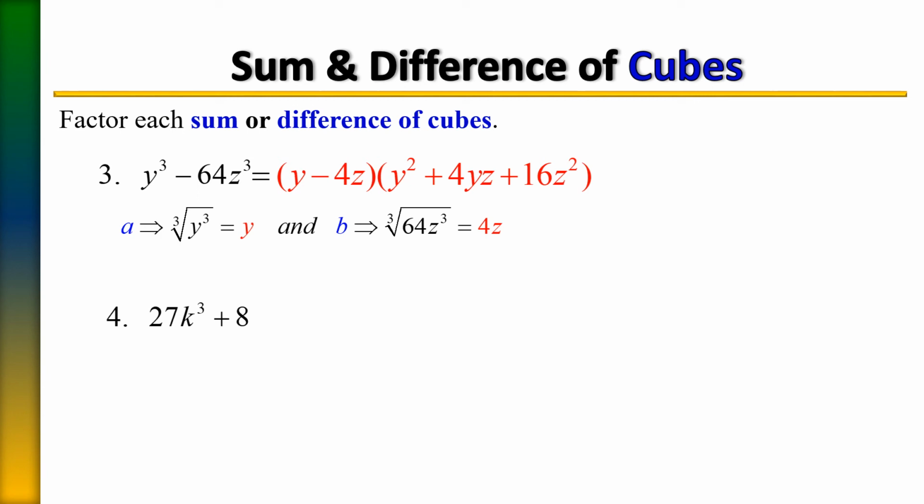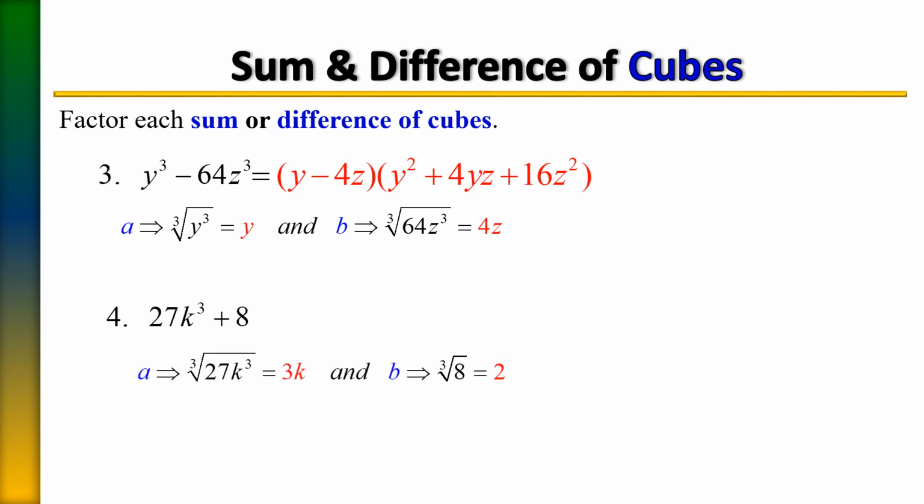Try the other one. So step 1, identify what your signs are going to be for that sum of cubes. Then find the cube root of the first and last term. The cube root of 27k to the third power is 3k. The cube root of 8 is 2. So those are the two terms that you're going to be dealing with.